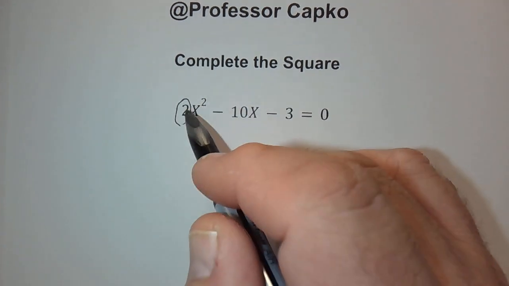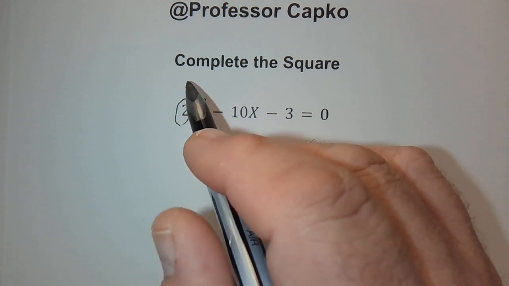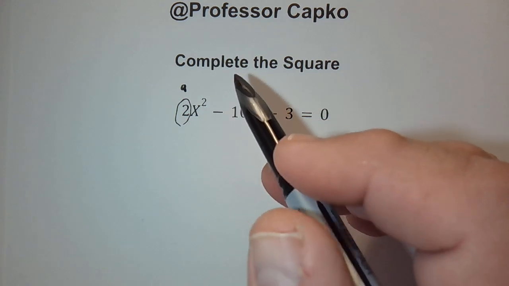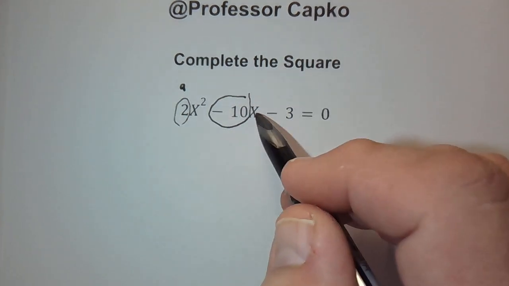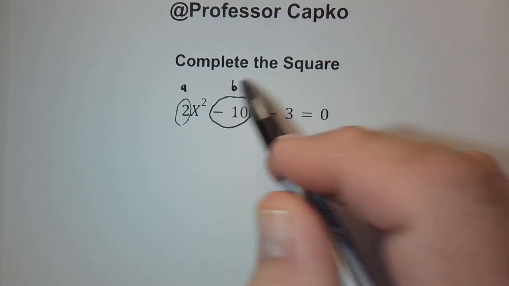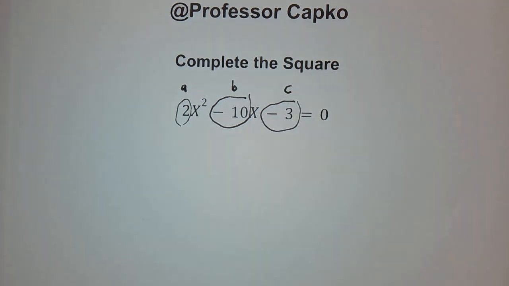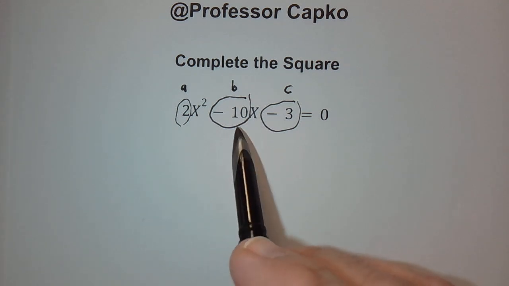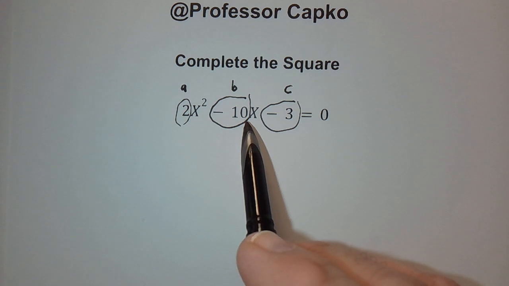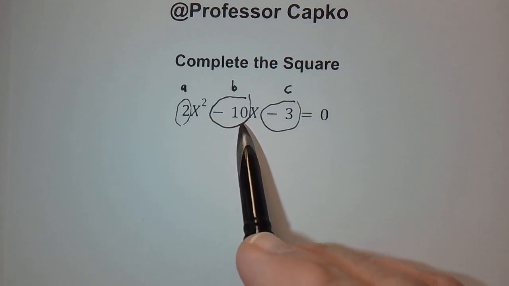The first coefficient, the number in front of the variable, we're going to call our a term. The coefficient in front of the middle variable is going to be our b term. And the constant at the end is our c term. Keep that in mind because that's a format that's used even with the quadratic formula and other things. So don't forget that we're talking about the coefficient, the number in front of the variable, not the variable.